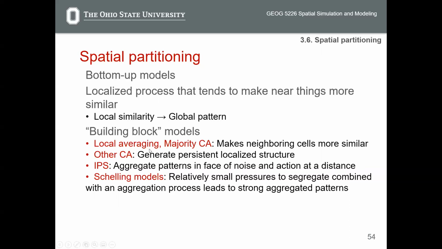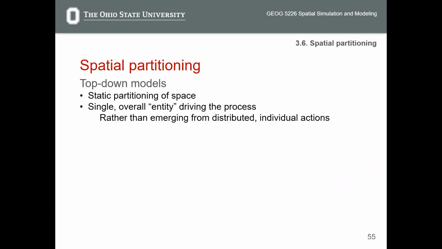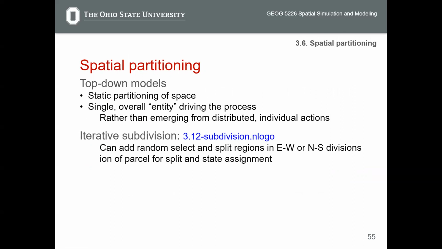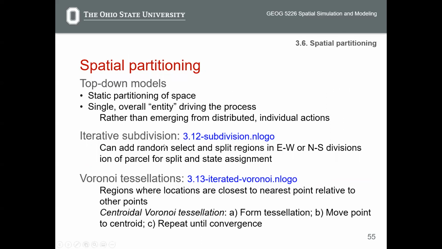So all these models we have discussed here are bottom-up models. And we also have top-down models. Okay, a single overall entity driving the process instead of individuals. Here we have two examples, 3.12 subdivision and 3.13 iterated Voronoi. Let me show you 3.12.